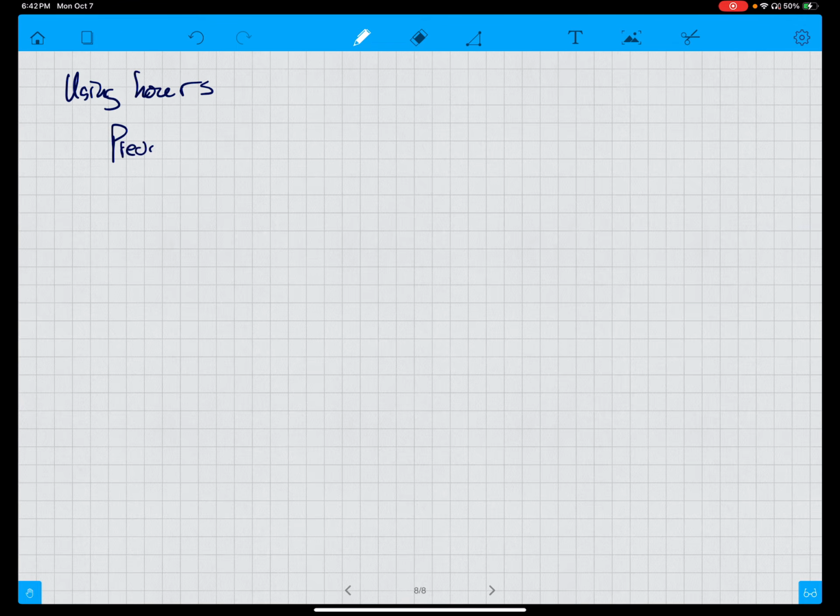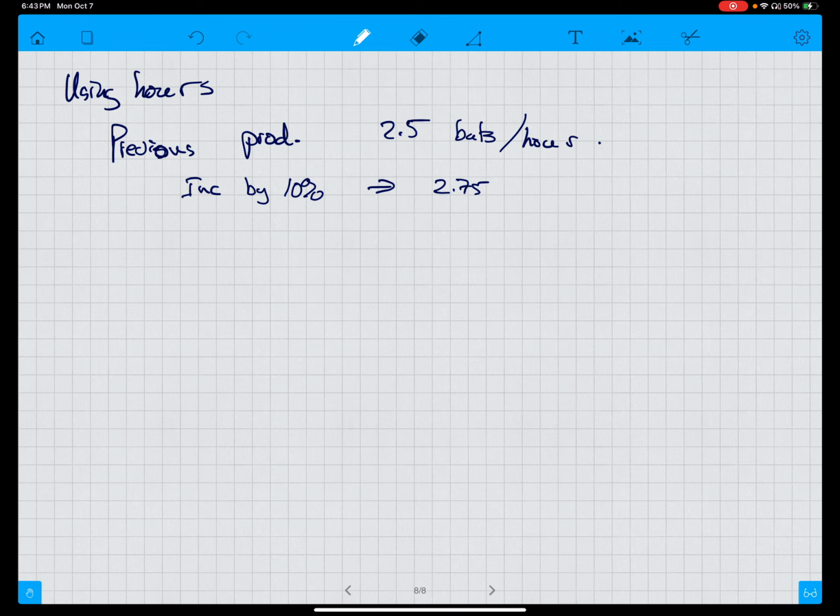Using hours, previous productivity was 2.5 bats per hour. Increase by 10%, 2.75. So we now know our productivity is 2.75.